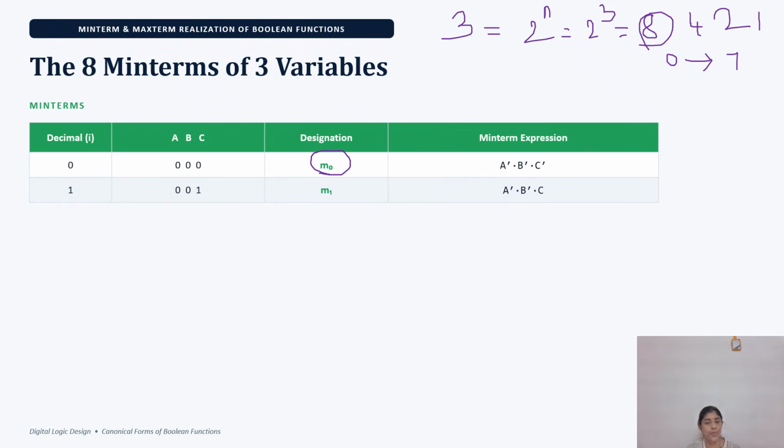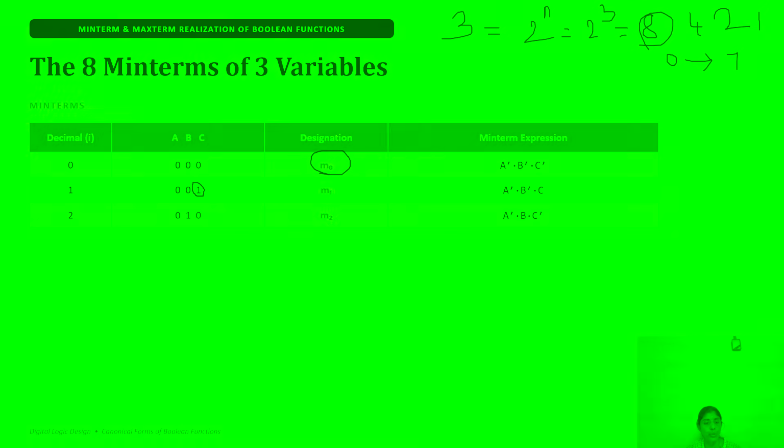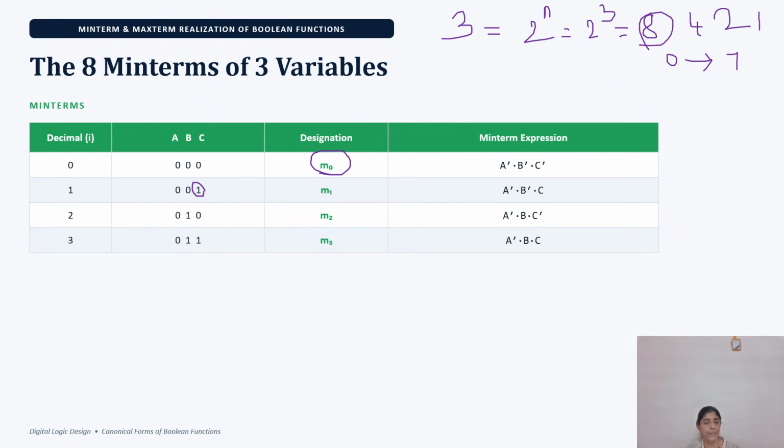Next decimal is 1. 0, 0, 1. M1 is A dash B dash C. Why C? Because C is 1. 1 in the sense which is an uncomplemented form. 2: B is an uncomplemented form. 3: B and C are the uncomplemented form. I hope you can see.